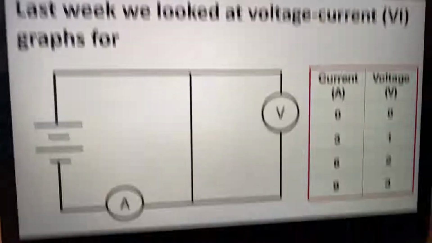First of all, we need to do a little recap from last week. Do you remember we looked at graphs of different components? If you take the voltages and the currents through a bulb or a resistor or a diode, and you draw them on a graph, what does the graph look like?